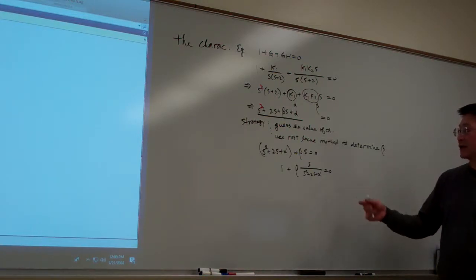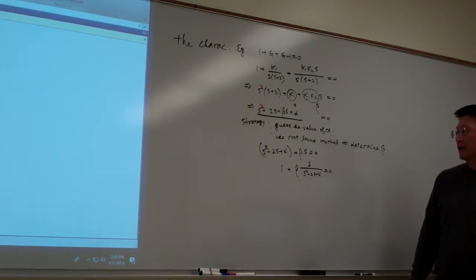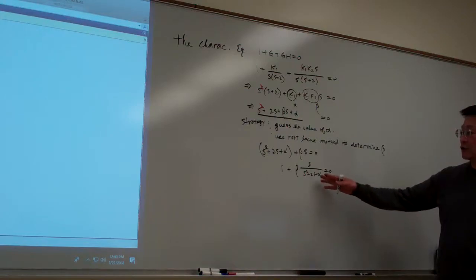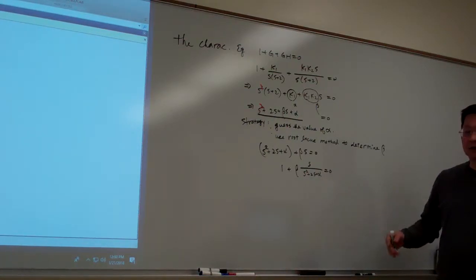And here guessing alpha should be very straightforward. As long as you keep guessing a positive, non-negative value, then just do it. And usually here you can write a program in MATLAB and keep trying.